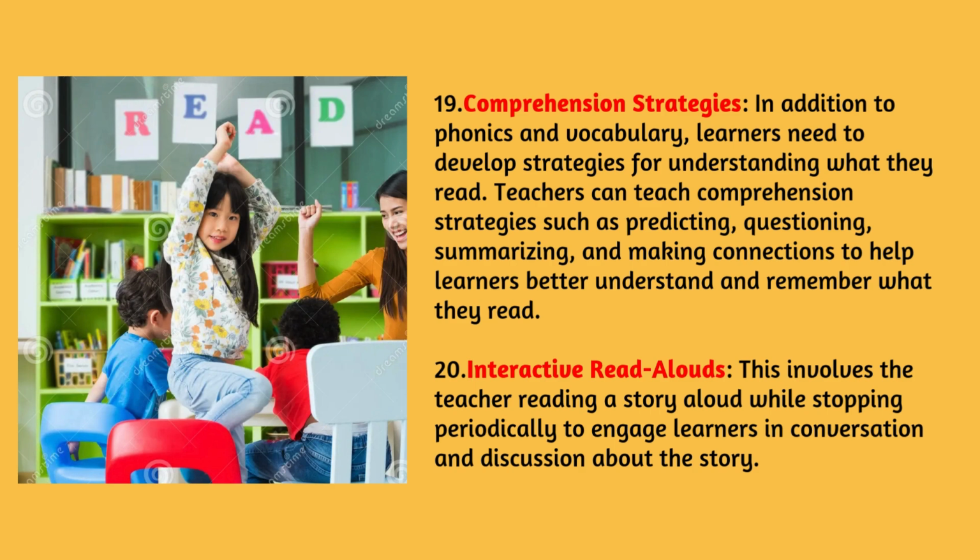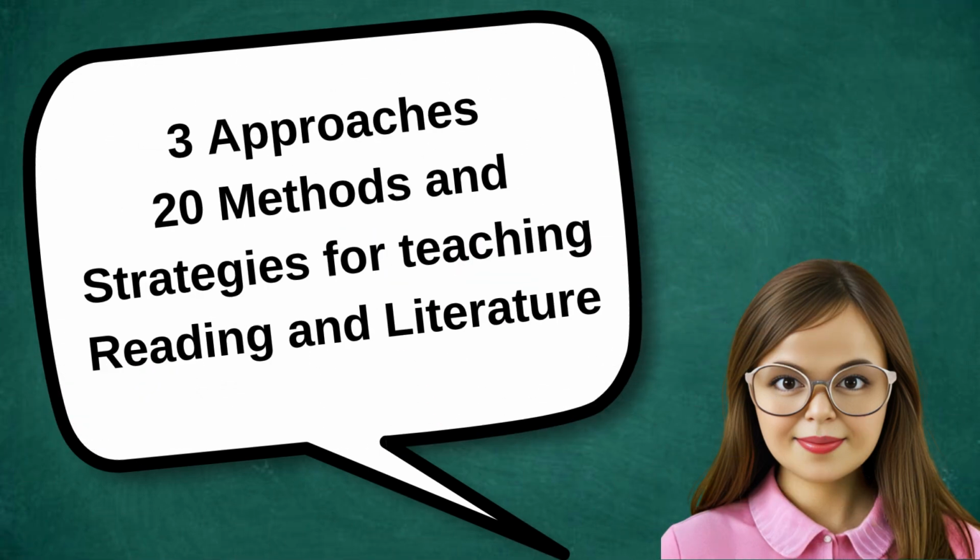In this particular method, the teacher reads to the entire class, and every 2 or 3 paragraphs stops, asks a question in order to give time for students to respond and check for understanding, or stops and asks students to draw or write down questions or take down notes based on what was read so far in the literary text. Now, those are the 3 approaches and 20 methods and strategies for teaching reading and literature.